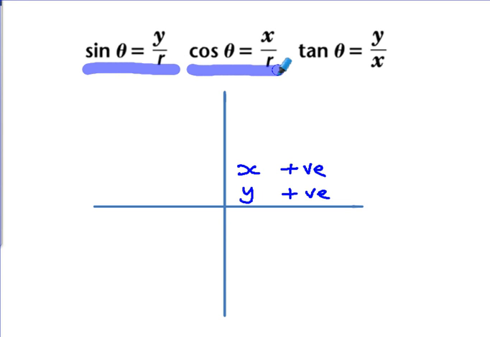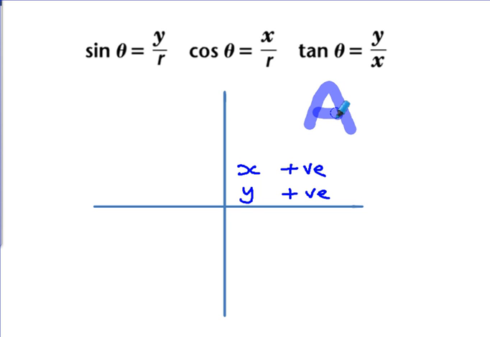If cos is x over r, that's something positive over something positive, so that's positive. And tan theta is y over x, so that's something positive divided by something positive, so that's also going to produce something positive. So what we've essentially said is any angle in the first quadrant, sine, cos and tan will all, so A for all, produce values which are positive.